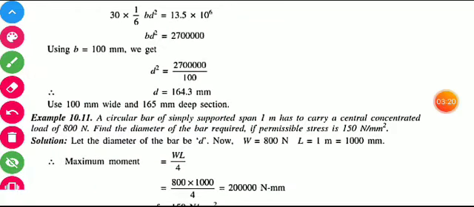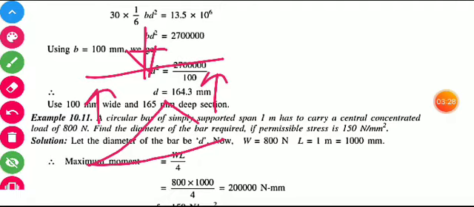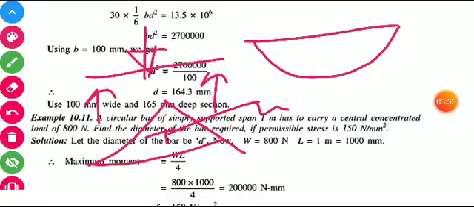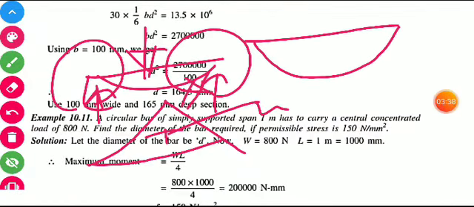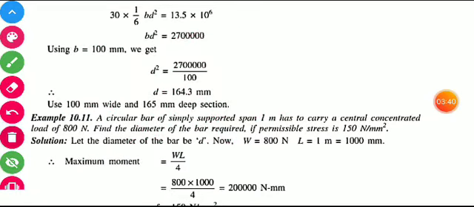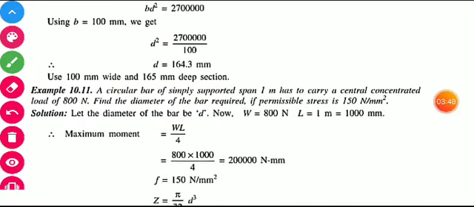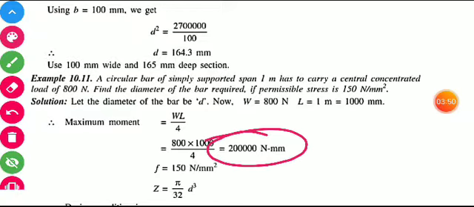When we draw the bending moment diagram, the diagram will look like this. Positive sagging moment means the beam, this is clockwise, this is anti-clockwise, this is positive moment. So first we find the maximum moment, which comes to around 2000000 newton per mm.